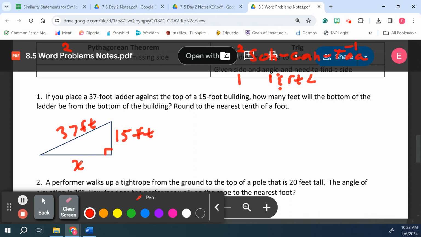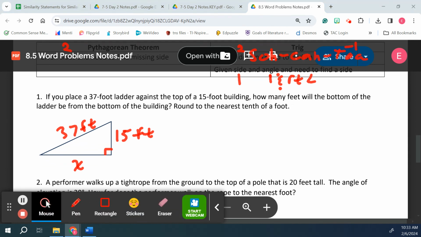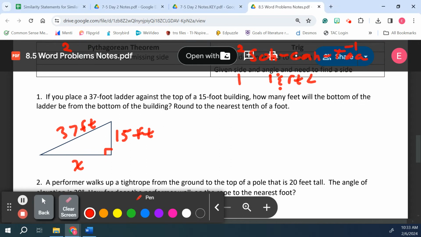So what am I using here? Trig or Pythagorean theorem? Broden, what am I using? Pythagorean theorem. So I have one leg, which is x, plus the other leg, which is 15, squared, equal to 37 squared.